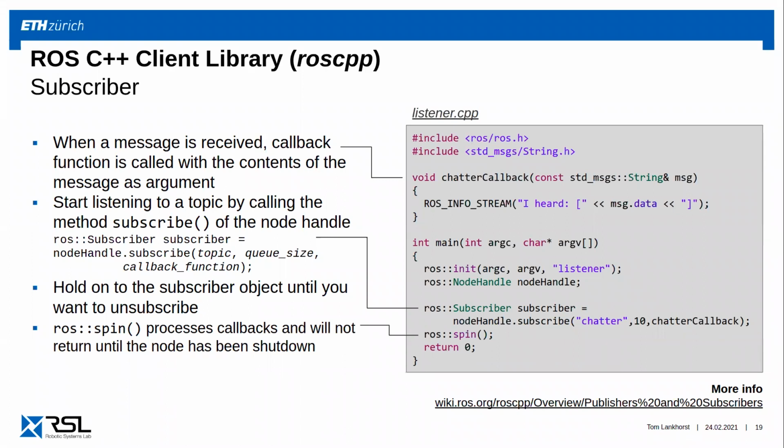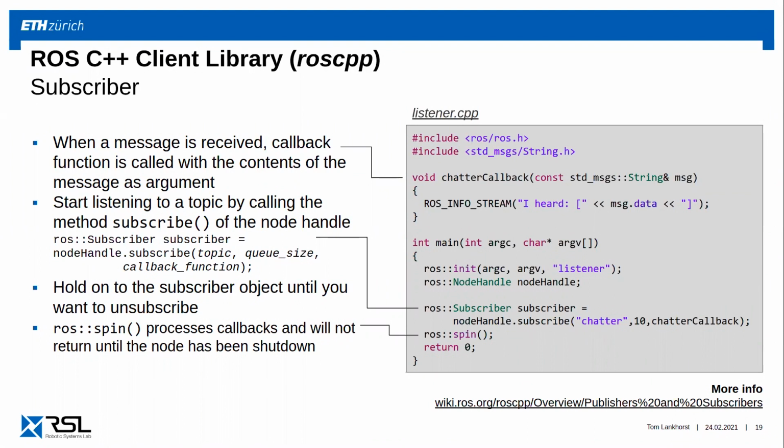Now that we've set up the subscriber, we want our node to wait for incoming messages and otherwise do nothing. So we call the ros::spin function. ros::spin is comparable to ros::spinOnce, only that it implements a while loop with the ros::ok call internally.